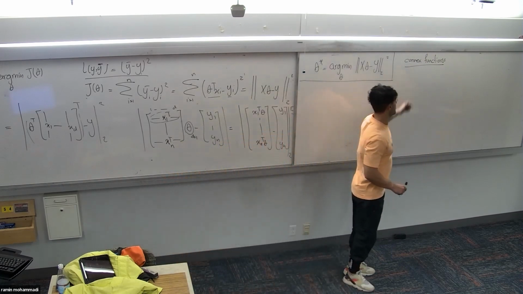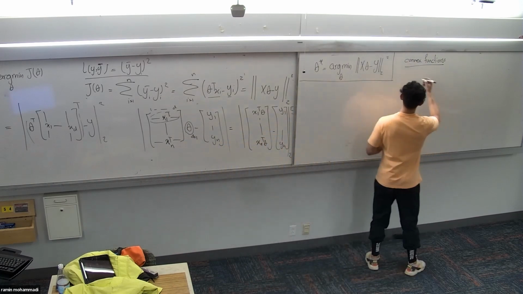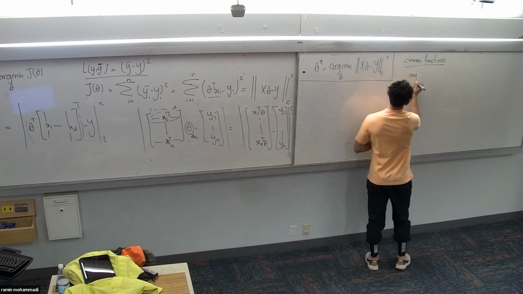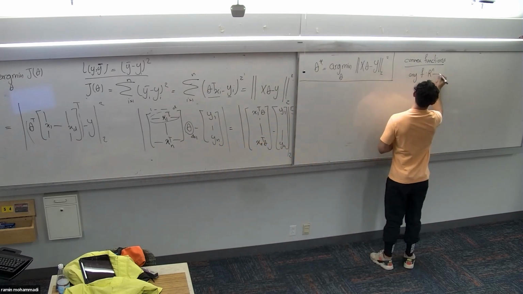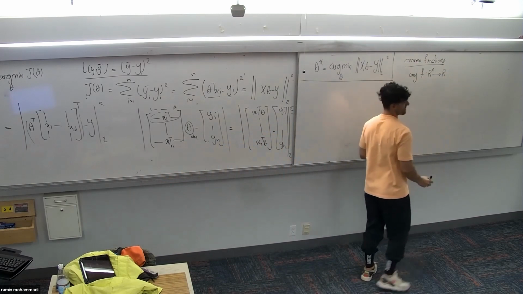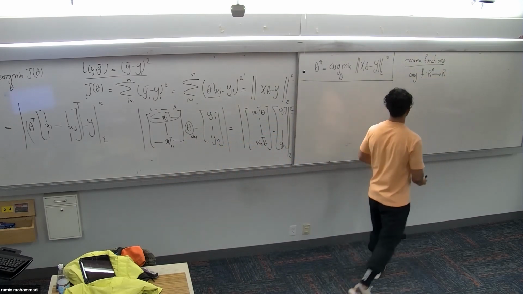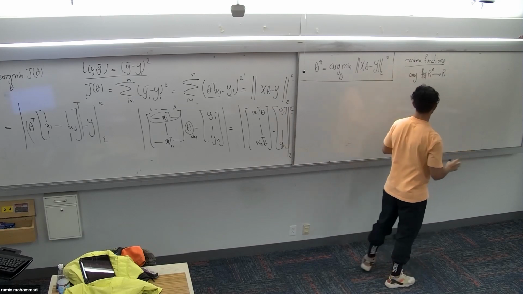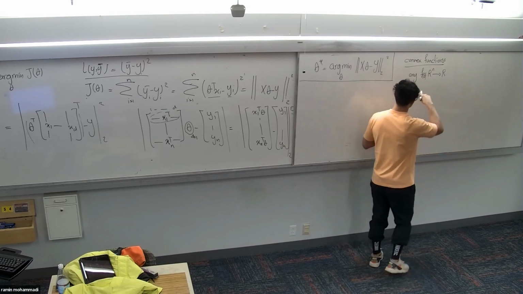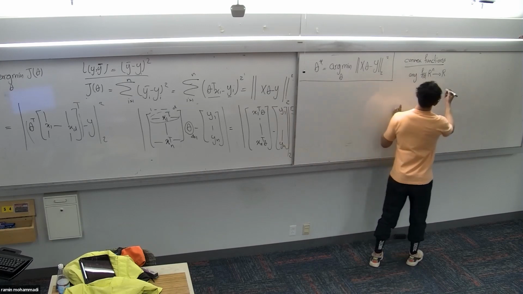That's a definition. Any function f that receives a vector theta and produces a number. Could be anything, but let's just use theta.